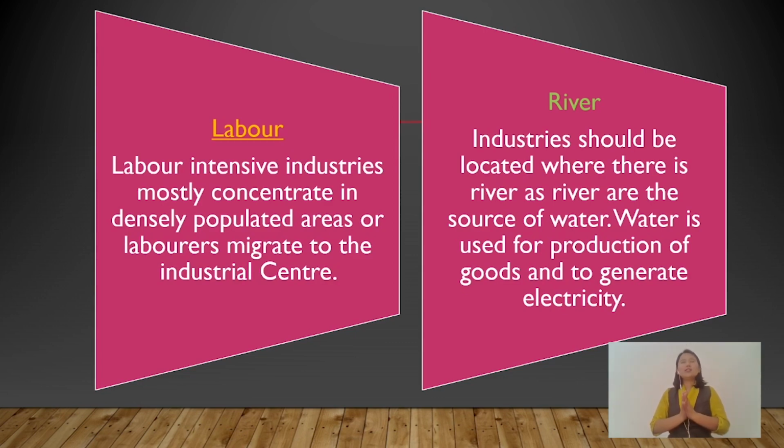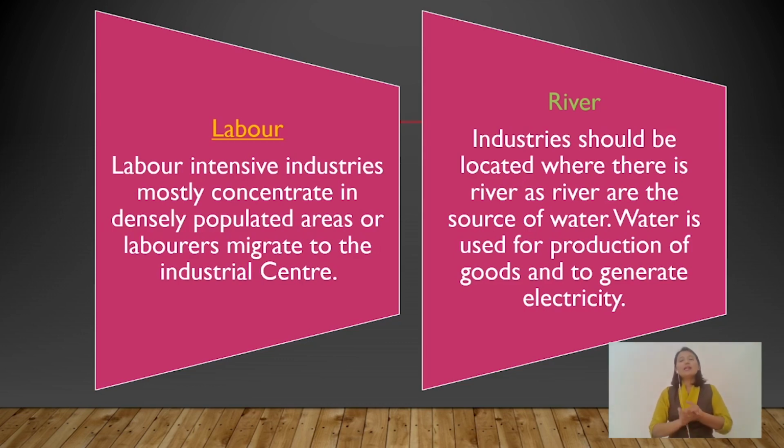Sometimes those industries which need less labor can be set up away from the densely populated area, because since few laborers are involved, this labor can migrate to the industrial sector also.